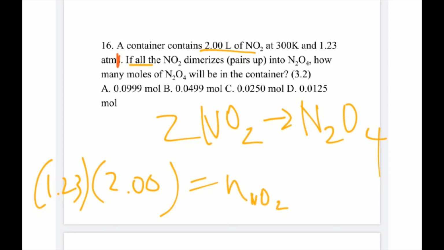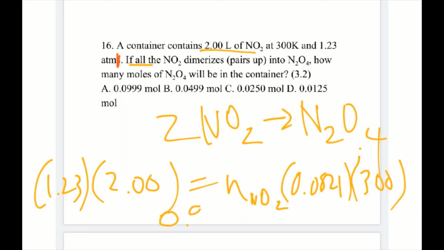Remember, this is NO2 still, since we're looking at NO2 gas when we're doing PV equals nRT in this case, and 0.0821, and our T will be 300 Kelvin. So doing the math, we get 1.23 times 2 divided by 0.0821 divided by 300, and we get 0.0999 moles of NO2.